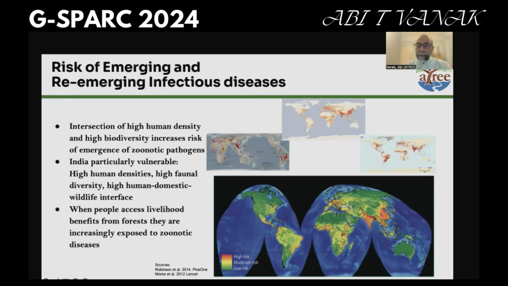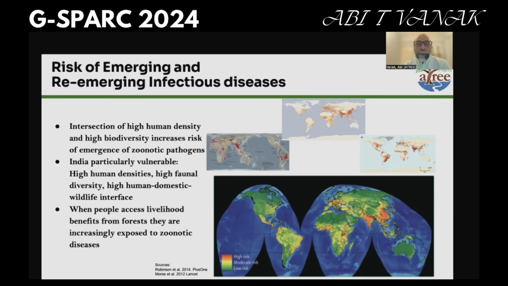And this bottom map shows the risk of emerging and re-emerging infectious disease. You can see that India and Southeast Asia, South China, etc., are really amongst the hottest of hotspots. So they're at the highest risk of emerging and re-emerging infectious disease. This is because countries like ours have a highly saturated interface between people, domestic animals, and areas of biodiversity.